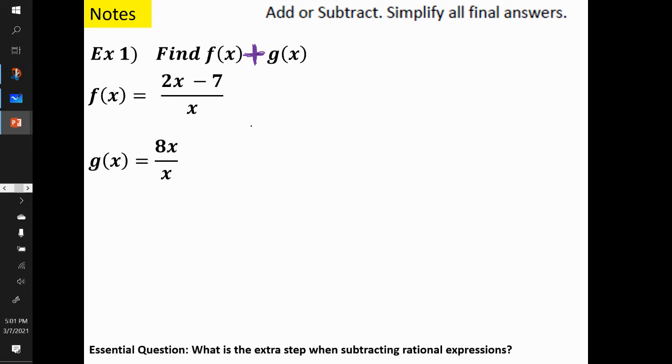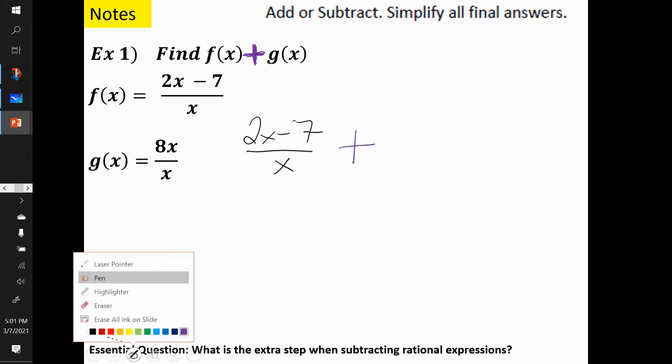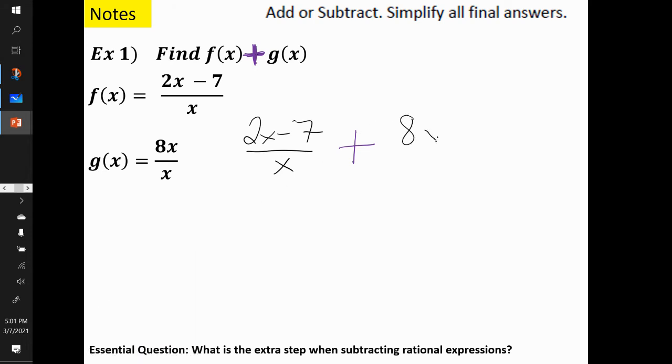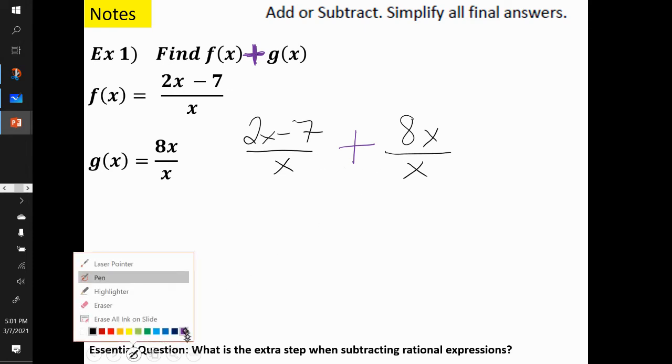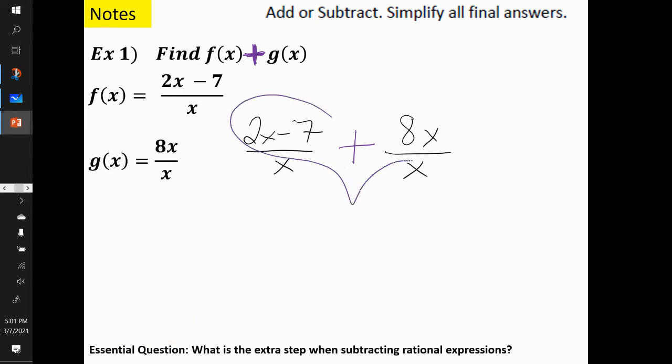I'm just going to rewrite this, 2x minus 7 over x, and we're going to add the 8x over x. Since they have a common denominator, these two fractions are in love, and we're just going to combine the tops. I'm just going to write my x on the bottom, because that's our denominator.